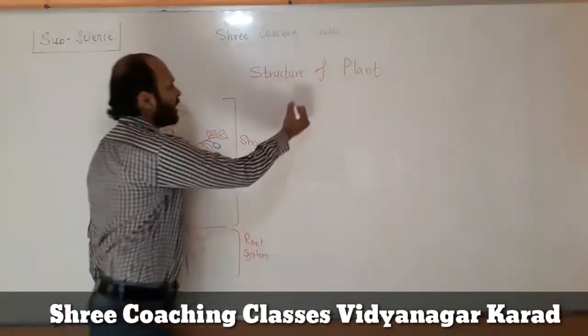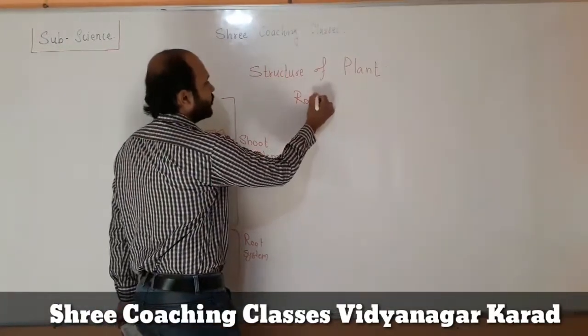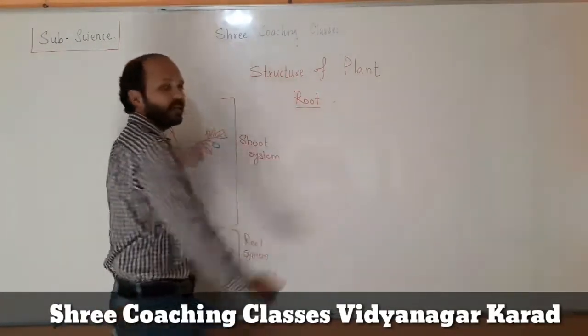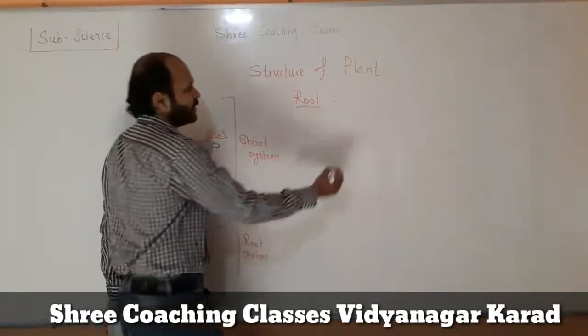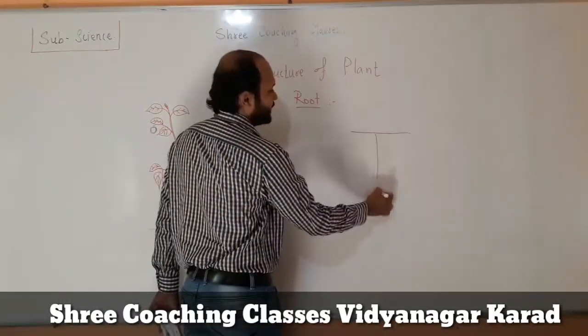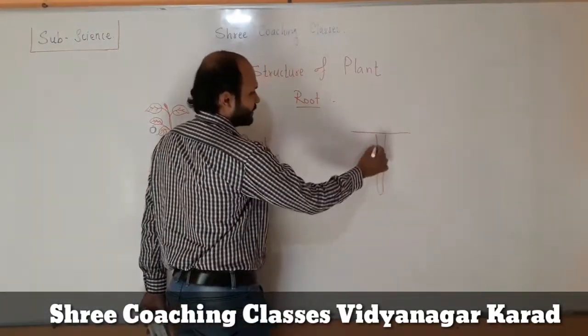So we will see our first point, roots. Now the diagram of a root generally looks like this.